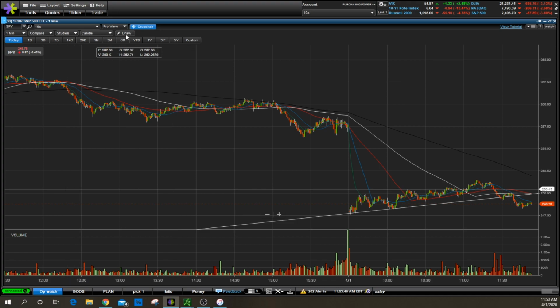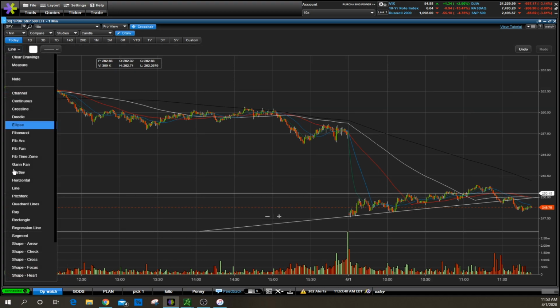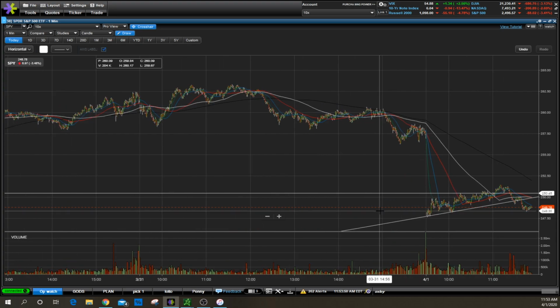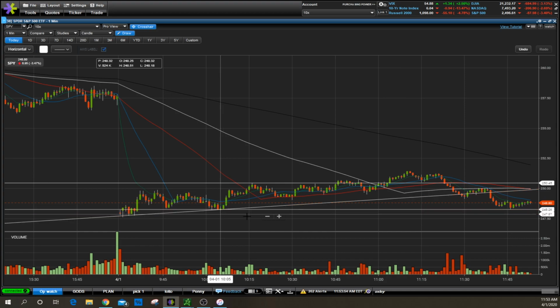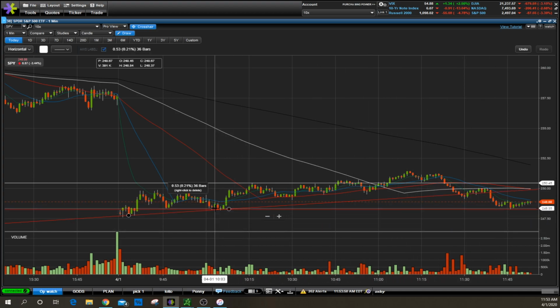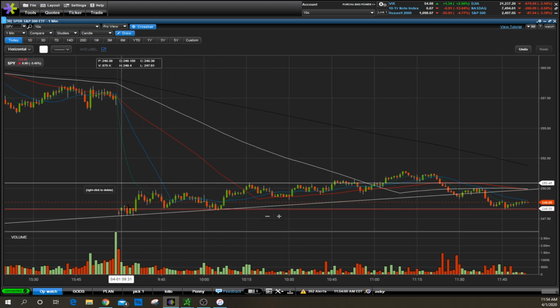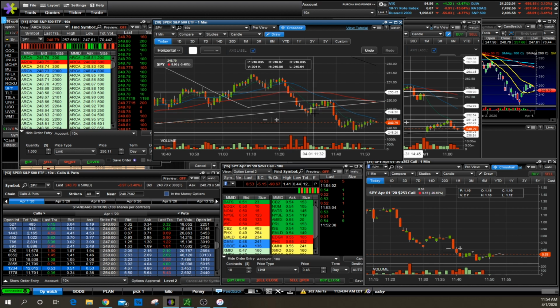That would have been great to have. Horizontal, right here. That's exactly where we went to, these lows, this support. So we're going to test that again.